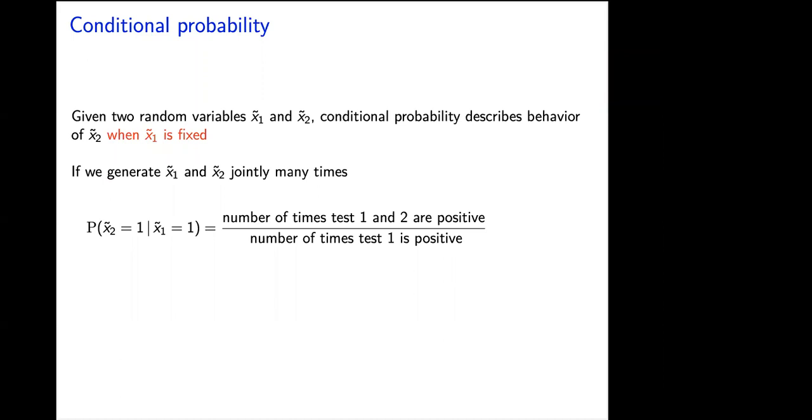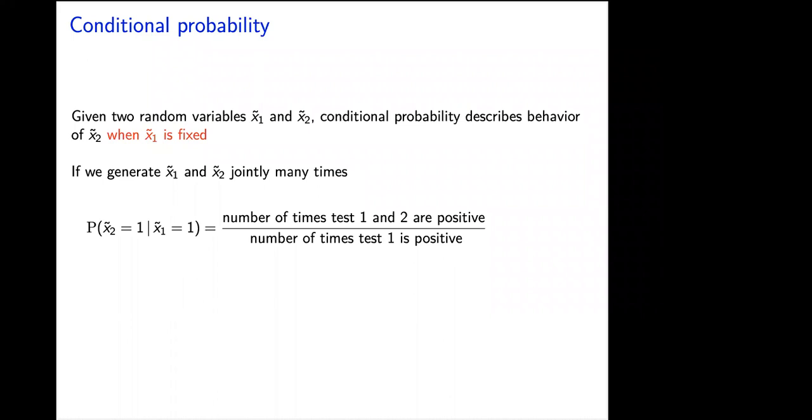So let's think of this in another setting that isn't disease, right? If you were to think of X1 as the probability of rain today, and X2 as the probability that the subway is shut down.